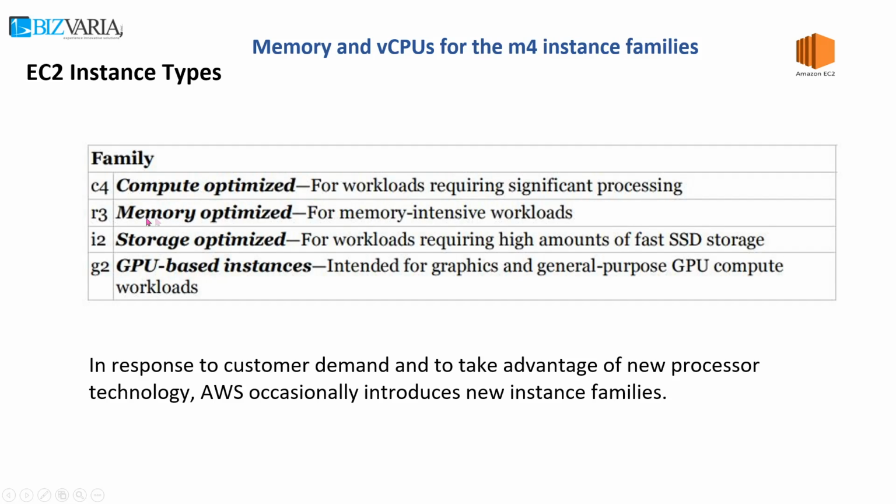That's what this means. If you are running games which are more memory intensive, or any kind of algorithm that requires a higher memory size, then you will select the R3 family, and then you select the size of your instance: medium, large, and extra large. That's what it's saying.